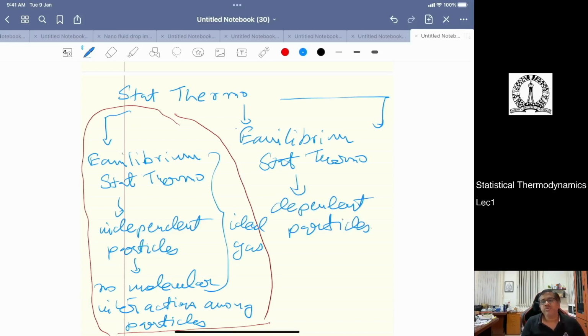Dependent particles would essentially mean that there will be interactions among the particles, so there will be intermolecular interactions.